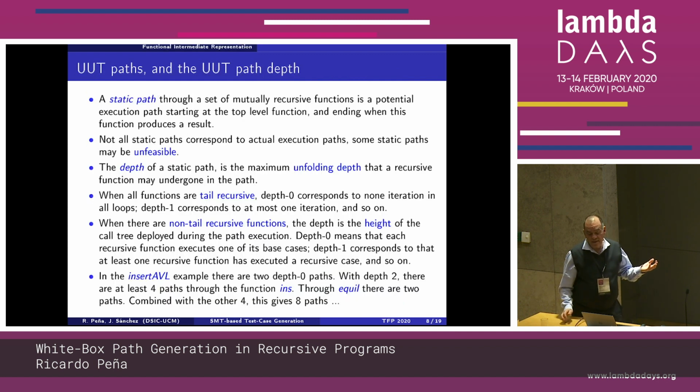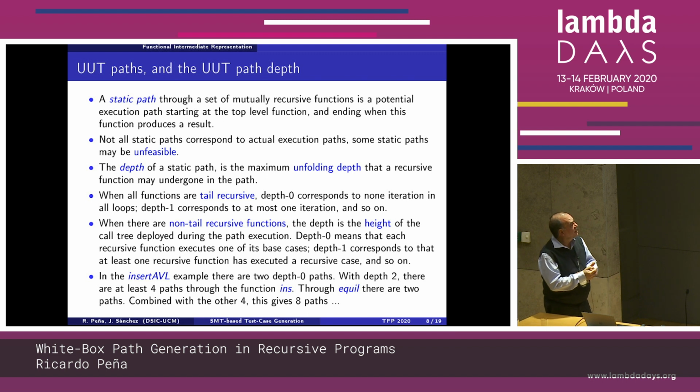When all the functions are tail recursive, that is the typical situation when you translate an imperative program, then depth zero corresponds to no iteration in each of the loops. Depth one corresponds to at most one iteration. This corresponds to the usual definition of path in imperative programs.